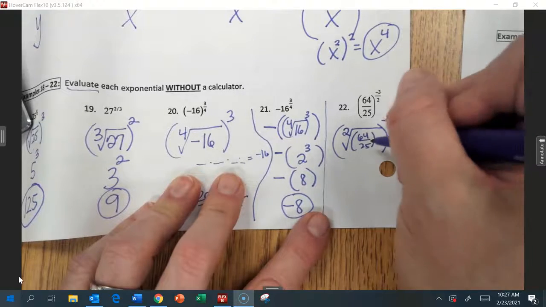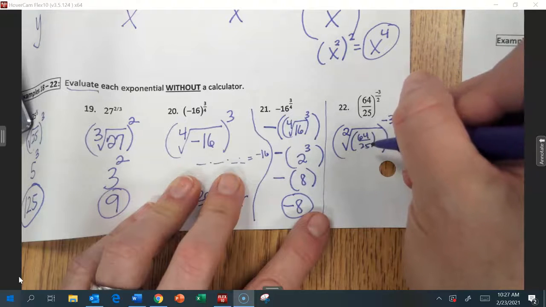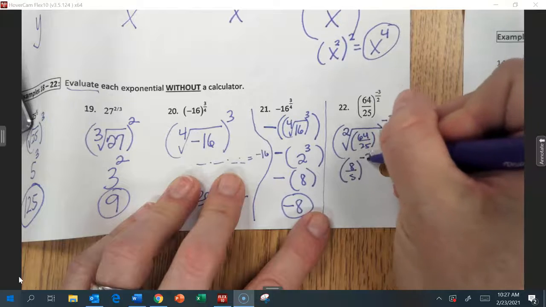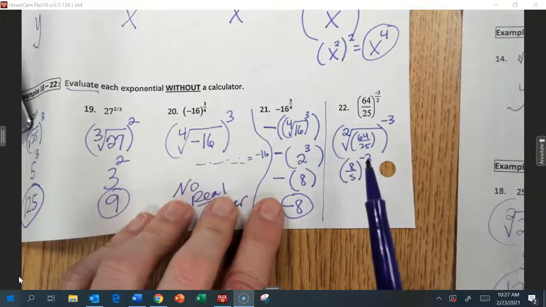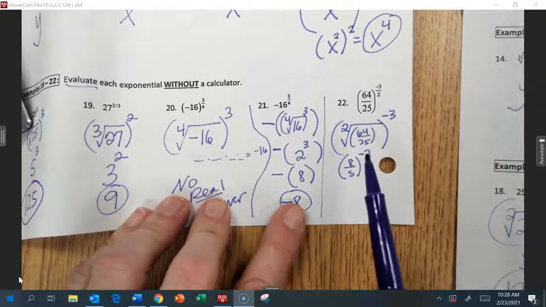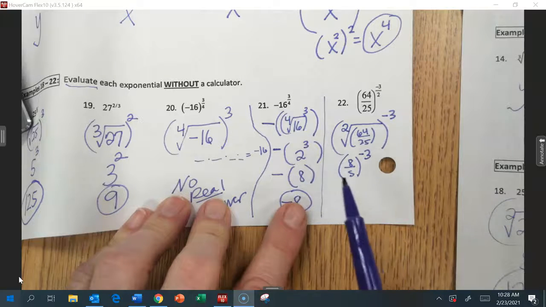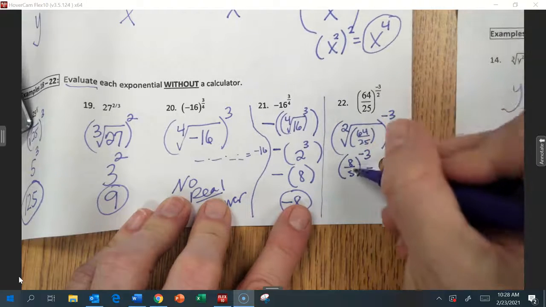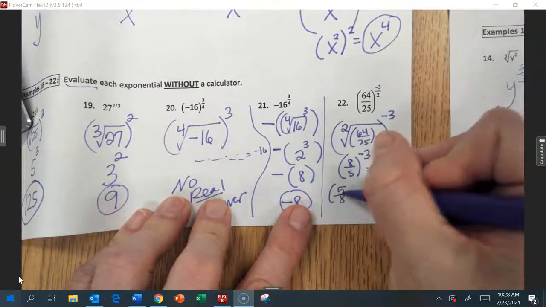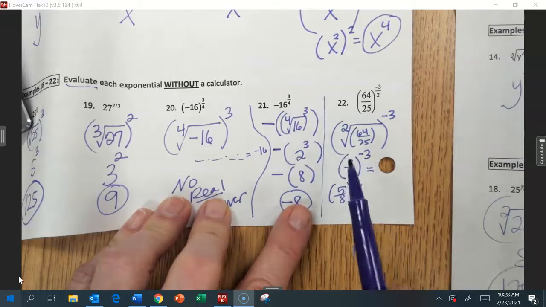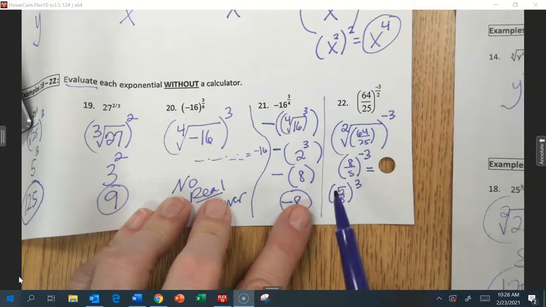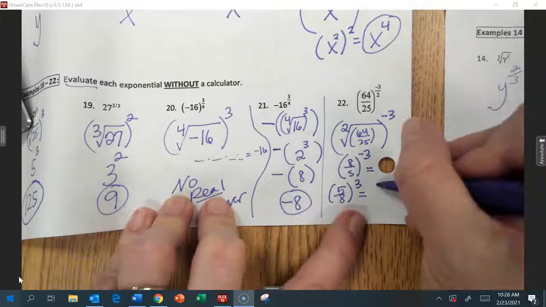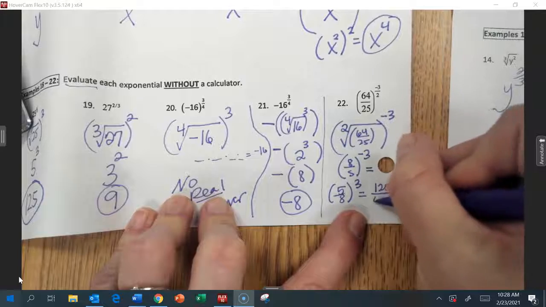Well, the square root, what times itself gives us 64/25, and that is going to be 8/5. Now we want to take that to the negative 3rd. Remember from our review of exponents, a negative exponent is going to cause a reciprocal of this base. So the way that you can write this without a negative exponent is positive 5/8 to the positive 3rd. So we just did the reciprocal, and that's where that negative helped us. Now you have to know that this means 5/8 times 5/8 times 5/8, and that's going to give you 125/512.